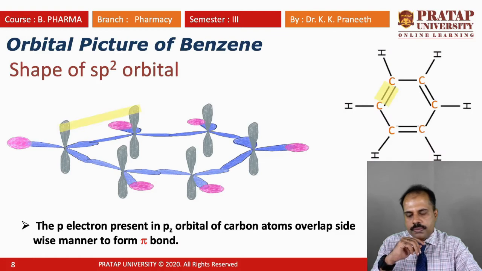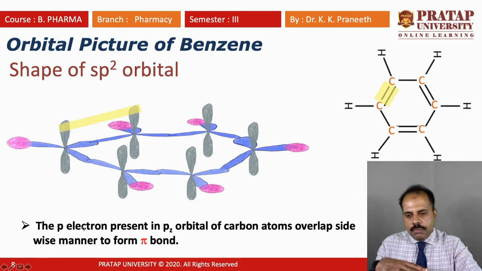So now, as I told, the pi bond formation: 1 electron is present in this pz orbital and 1 electron is present in this pz orbital, they interact and form this double bond. Okay, so between this carbon and this carbon there will be a double bond through the interaction of the p electrons or pi electrons.